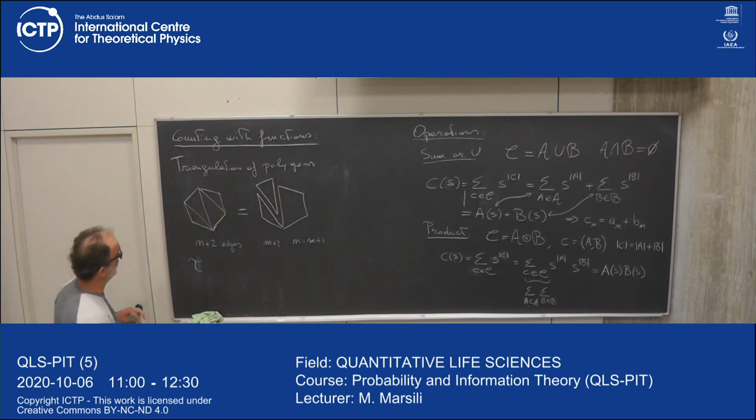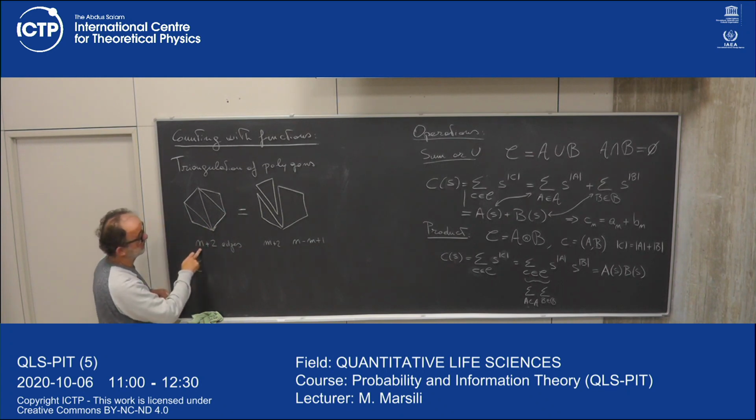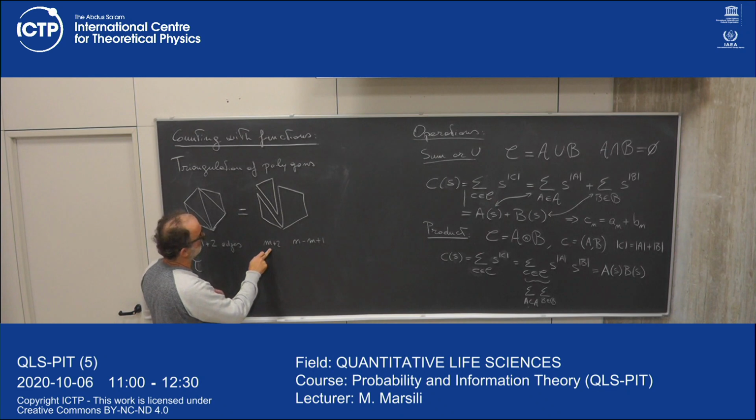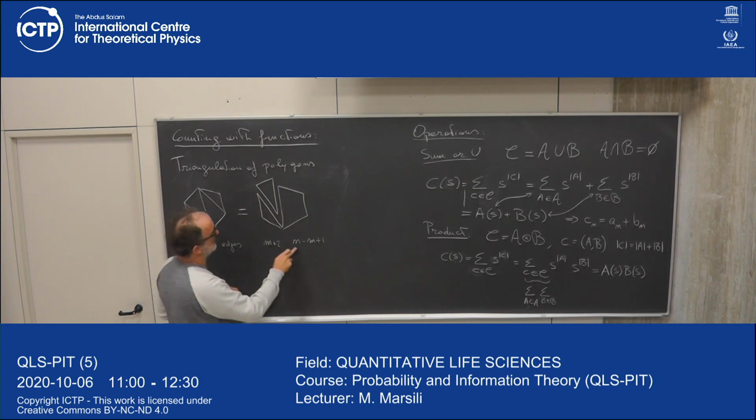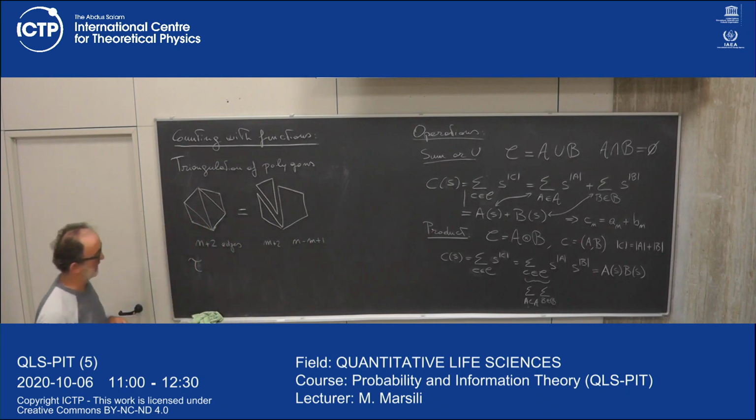Okay? So you can check in this case n is equal to 4, this m is equal to 1, this has 3 edges, and this has 4 minus 1 plus 1, which is 4 edges. Okay?